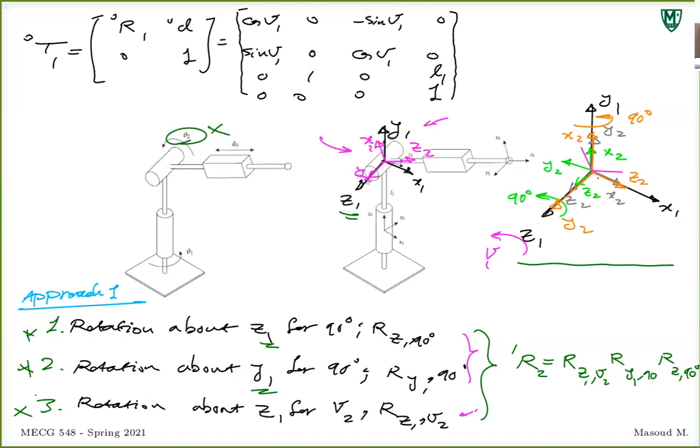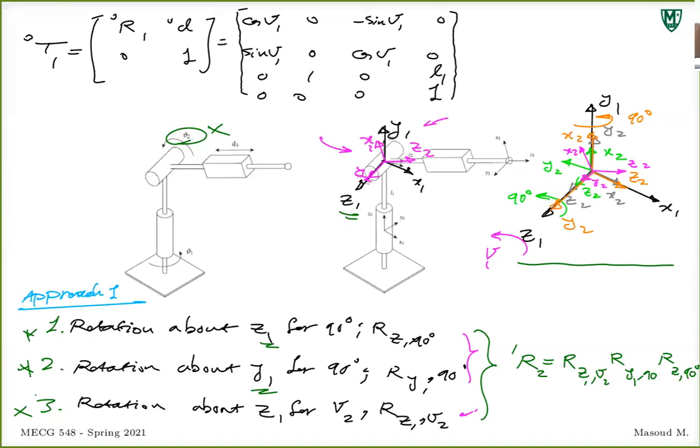Then your axes become like this, and this becomes eventually your Z2, X2, Y2. So the final nudge takes into account the rotation of your joint.